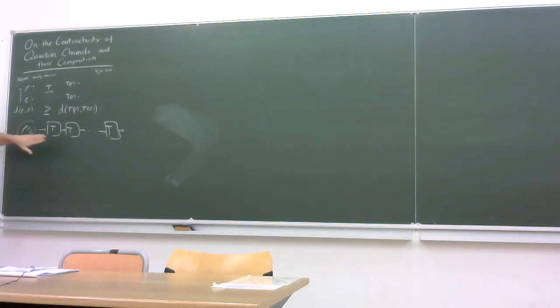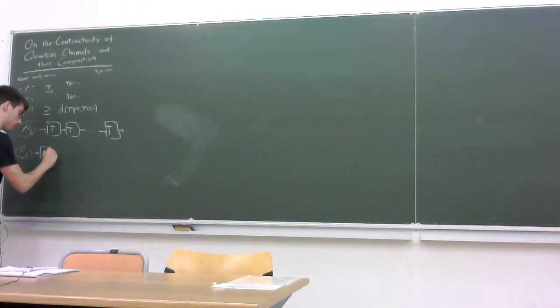But we don't only care about this case; we also care what happens if we have two channels, A and B, and we intercalate them. So we have this composition.